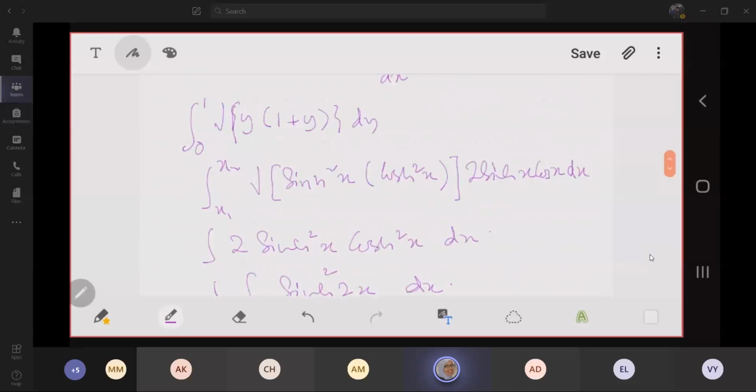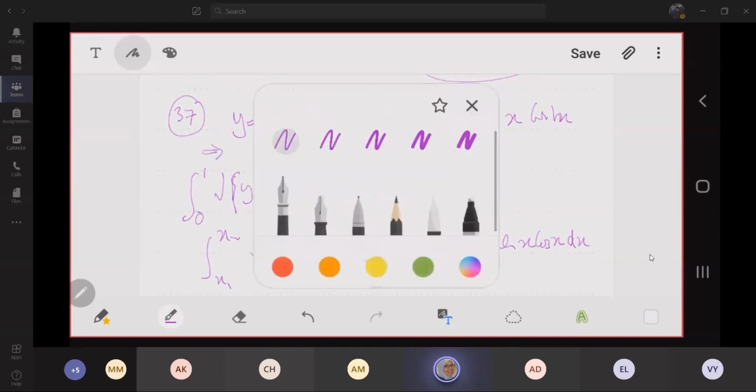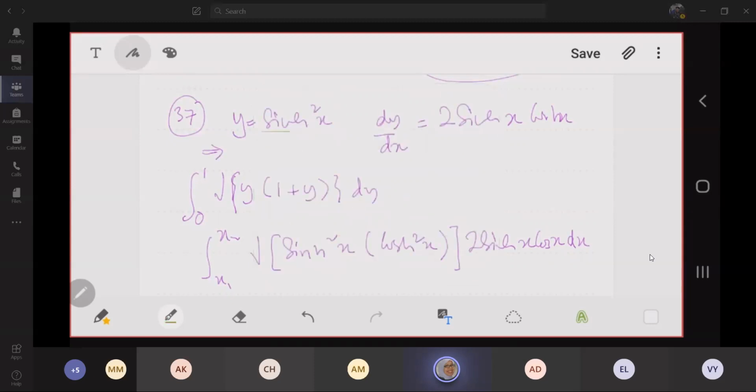So if y is equal to sine squared x, okay, so you have square root of y is equal to sine x. So x is equal to sine to the minus 1 of y. So you put the limit.